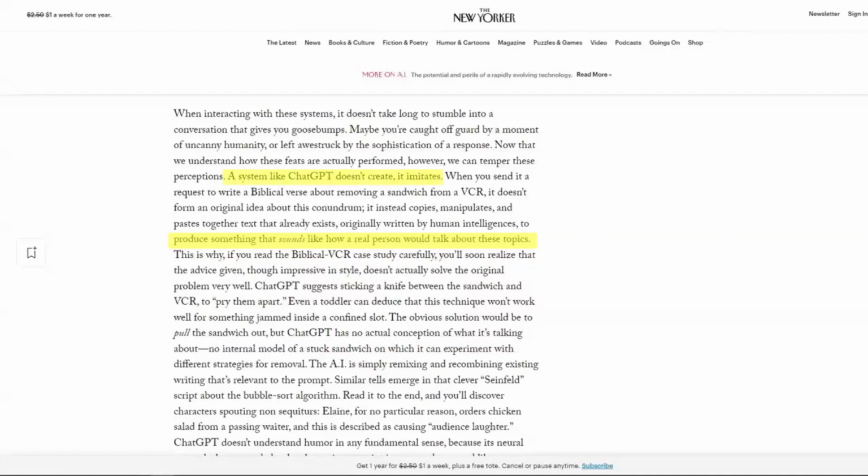And then we have, a system like ChatGPT doesn't create, it imitates. So once again, we have this idea that, well, you can pass the Turing test. Those used to be the old goalposts, but now that those have been surpassed, let's move it over here. It's not enough that you sound or can be indistinguishable from a human mind, but you actually have to create and not just imitate.